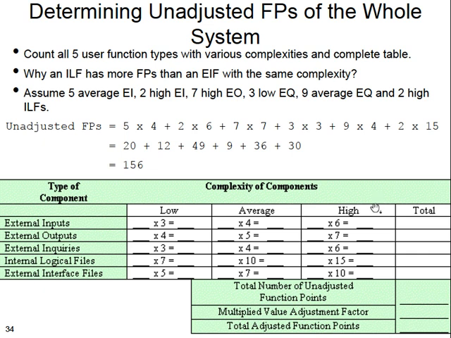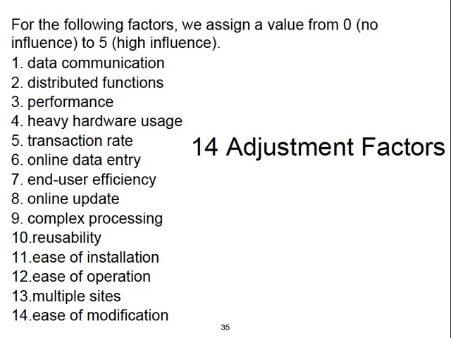We see a mention of the word unadjusted FPs, okay? That means there are 2 kinds of FPs. One is adjusted, but originally it was unadjusted. So what are the adjustments? 14 factors have been identified.